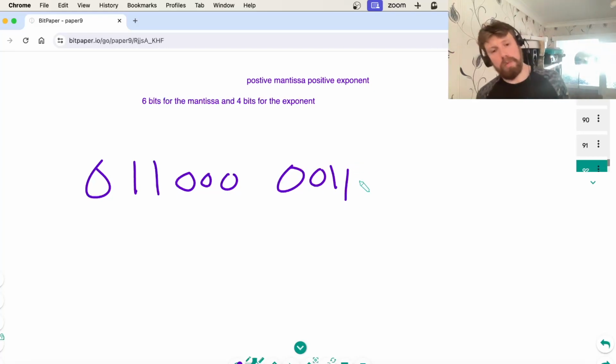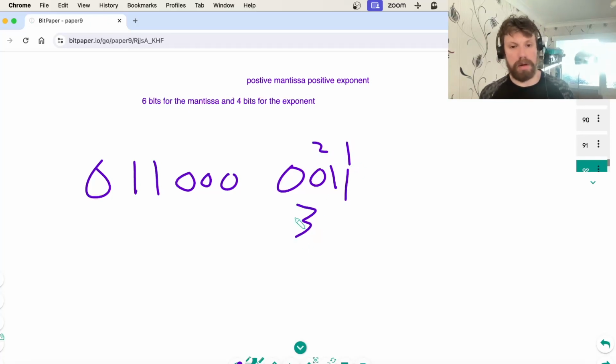Step 1. We convert the exponent into a normal number, which is 1, 2, so that's just going to be 3. The decimal point is always between the first 2 numbers, and a positive mantissa is going to be 0, 1, and the negative mantissa will be 1, 0. So we put our decimal point there, and then we move it 3 places to the right.